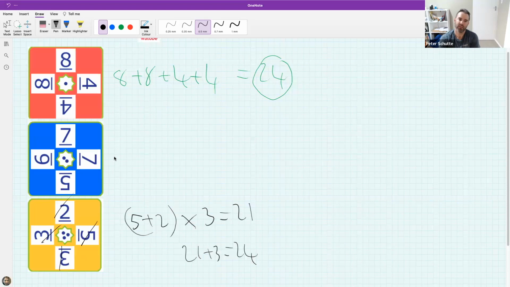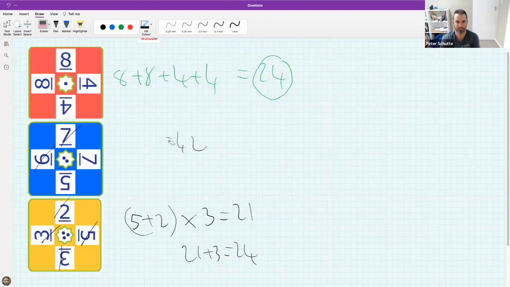What do we have? 7 times 6 is 42, maybe? Now, can we get... We still have the 7 and 5. 42 divided by 7 gets about 6.